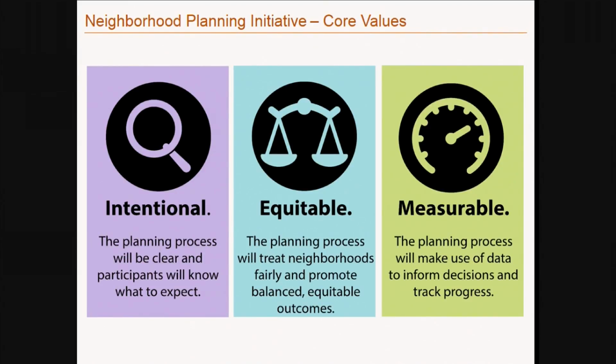And we want to have those always topics, so we have that foundation across the whole city with policy direction. And we want the effort to be measurable, again, using data, using the census tracts to inform us of planning need within our 78 neighborhoods, and then tracking that progress over time. The dashboard that I showed you, we want to be able to tell the story of how the neighborhood plan has been adopted.